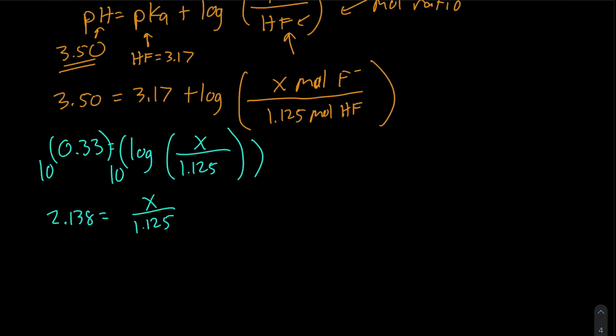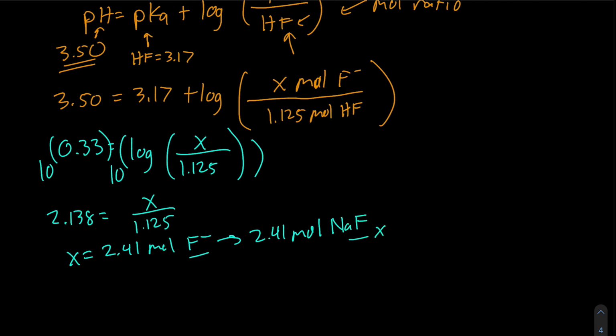We multiply that 1.125 across, and we would find our X equals 2.41 moles of F-, which is also the same as the moles of NaF, because we know that we have a 1-to-1 mole ratio between them.